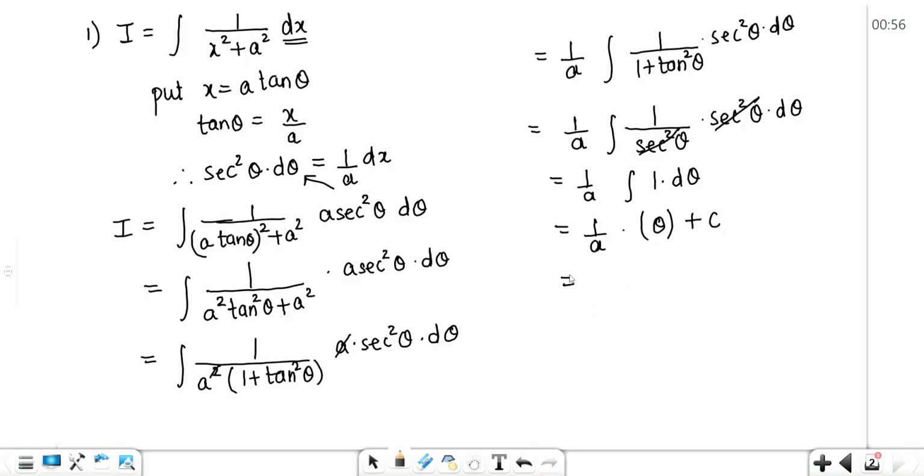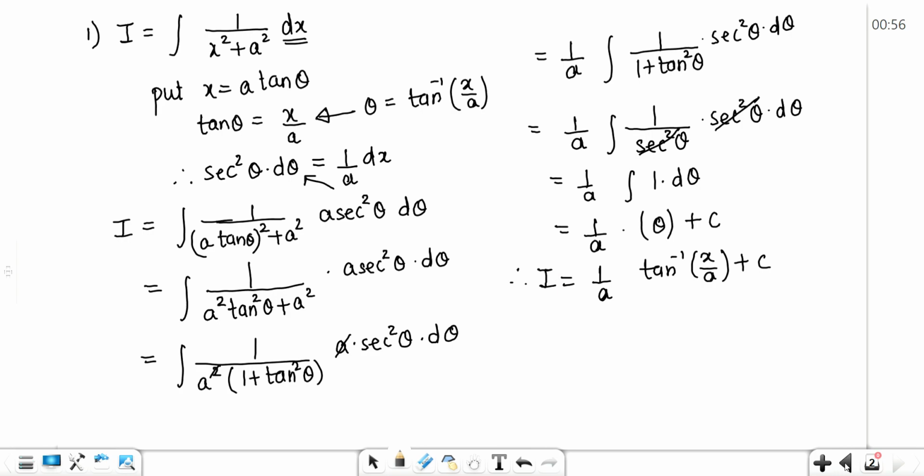What we can do is take the value of theta from here: theta is equal to tan inverse of x upon a. So we can write it over here, tan inverse of x upon a plus c. This is how we have proved the first formula. This is one of the most used special integral formulas.